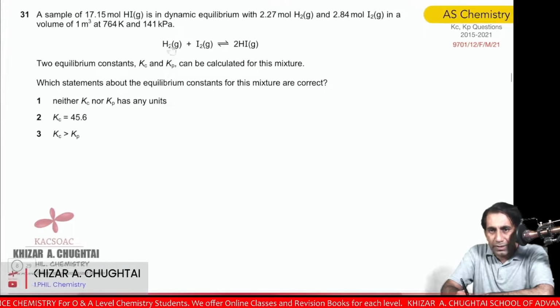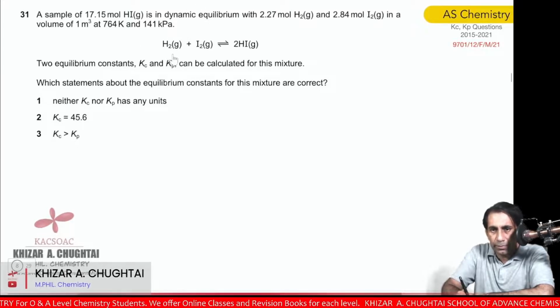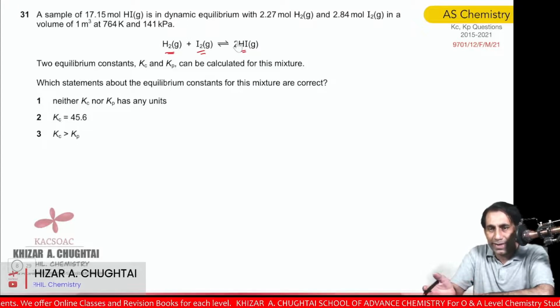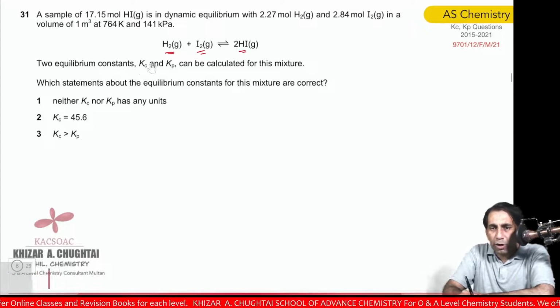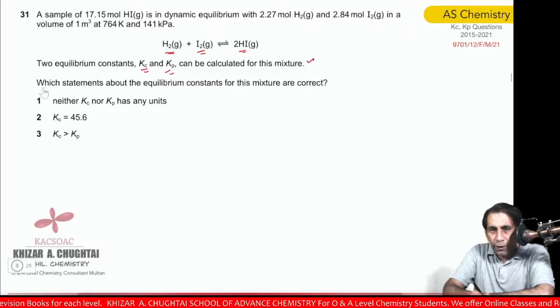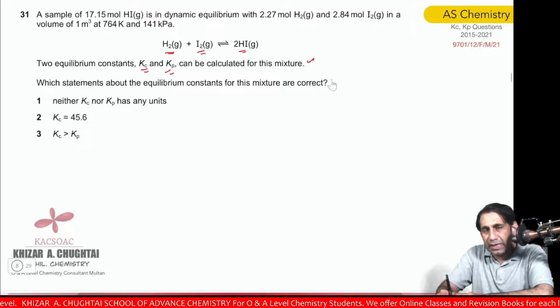H2 plus I2 goes to 2HI. All substances are gaseous. Two equilibrium constants, Kc and Kp, can be calculated for this reaction mixture. Which statements about the equilibrium constant for this mixture are correct?